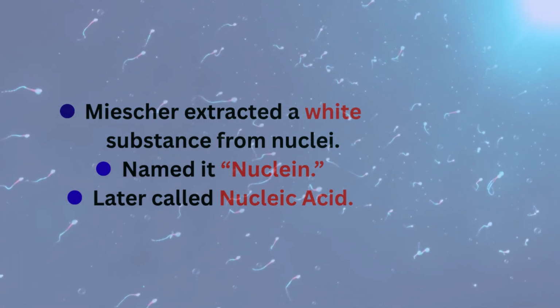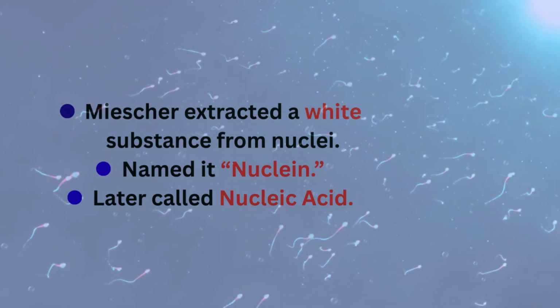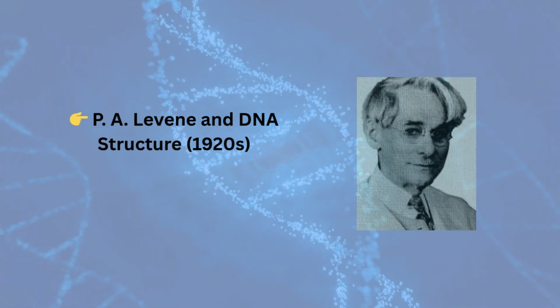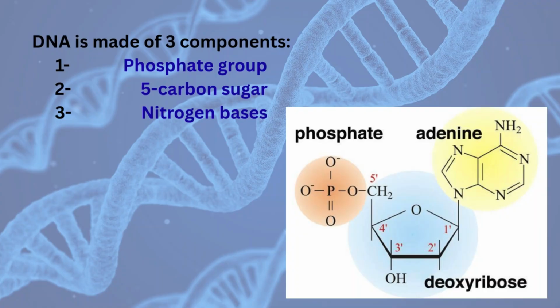At first, biologists did not pay much attention to it because they did not know what role it played in the cell. But in the 1920s, a biochemist named P.A. Levene worked out its basic structure. Levene found that DNA is made up of three main components: a phosphate group, a 5-carbon sugar known as pentose sugar, and nitrogen-containing bases.